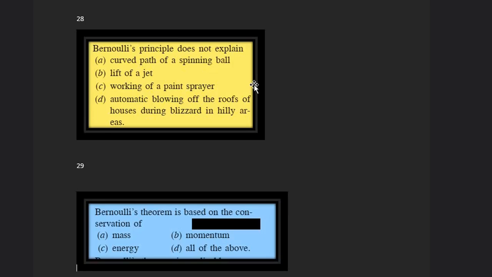Think of the answer. Curved path of the spinning ball, yes, Bernoulli. Lift of a jet: a jet is not considered a plane, only aerodynamic shape lift is Bernoulli. So the answer is B.